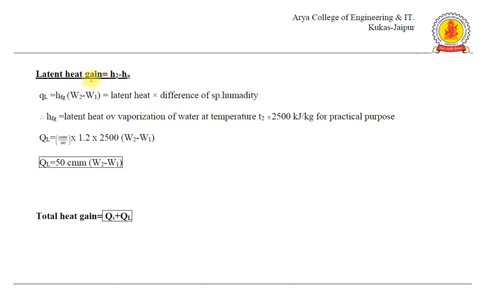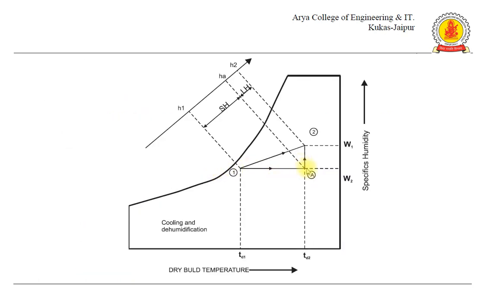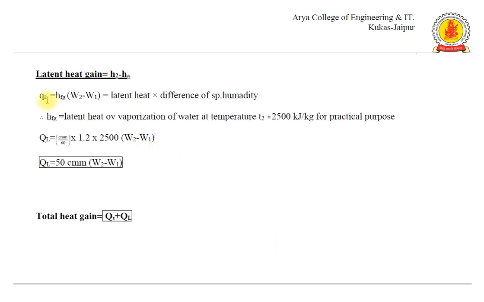Now we will look at latent heat gain, that is H2 minus H1. Here it is latent heat gain. From A point we will go to 2 point, HA minus H2. Dry bulb temperature will remain the same. We know the latent heat hfg, its value found by experiment is 2500 kilojoule per kg into W2 minus W1. This is the difference of specific humidity. What is specific humidity? Kilogram of water per kilogram of dry air.